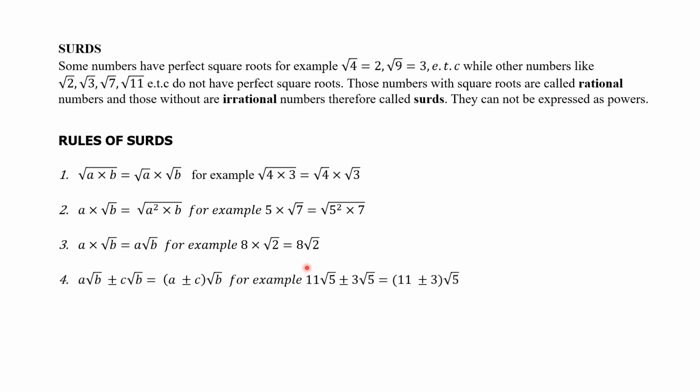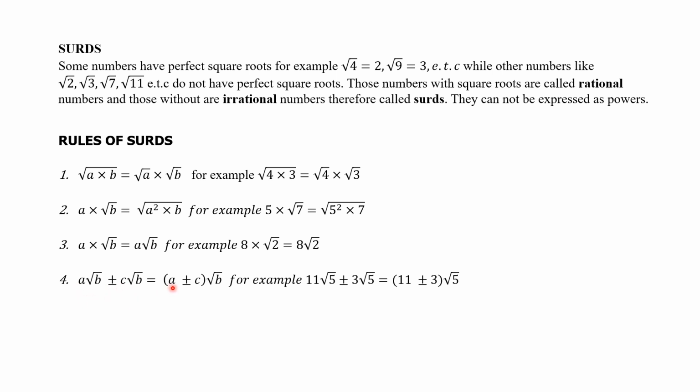When we go to the fourth one, this one is either addition or subtraction. If I have a root of b plus or minus c root b, we shall create brackets, then we add the constants which are outside the roots, or subtract them. In this case, root of b and root of b are common. That is why we factor it out. Then we add or subtract the constants.